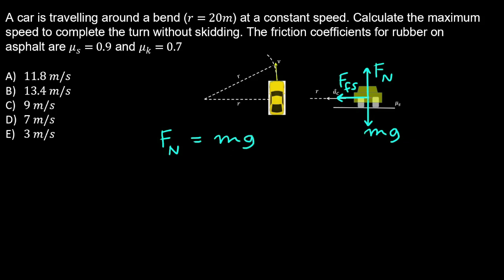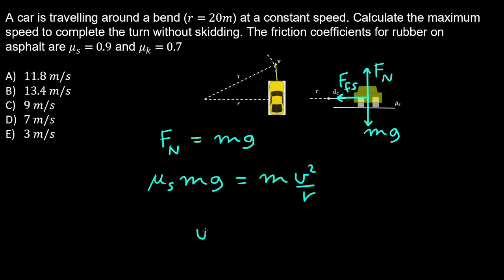And Newton's second law in the radial direction gives the static friction force being equal to the static friction coefficient by the normal force is equal to the mass of the car by the centripetal acceleration.